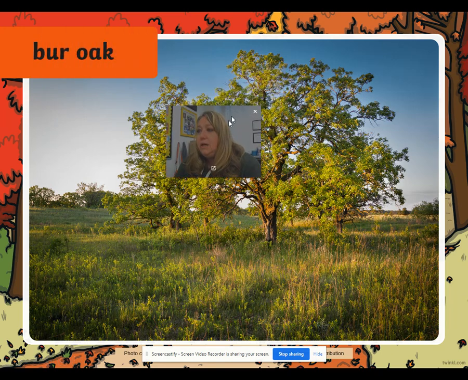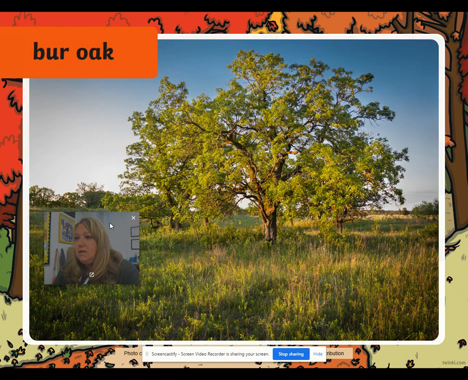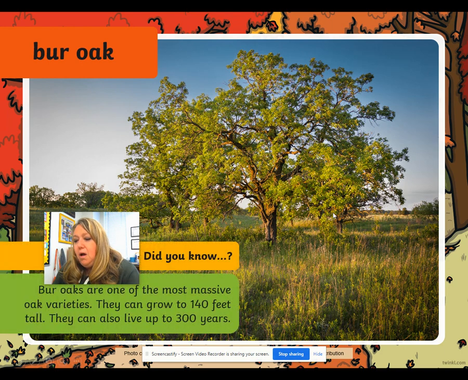This tree in this picture is called a bur oak tree. I think this is a really neat looking tree because it has so many different branches and it's kind of low to the ground. It's not a very tall tree, is it? Did you know that bur oaks are one of the most massive oak varieties?